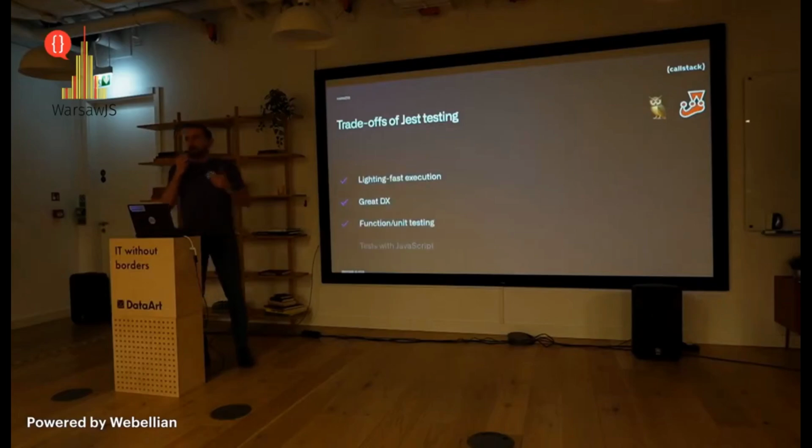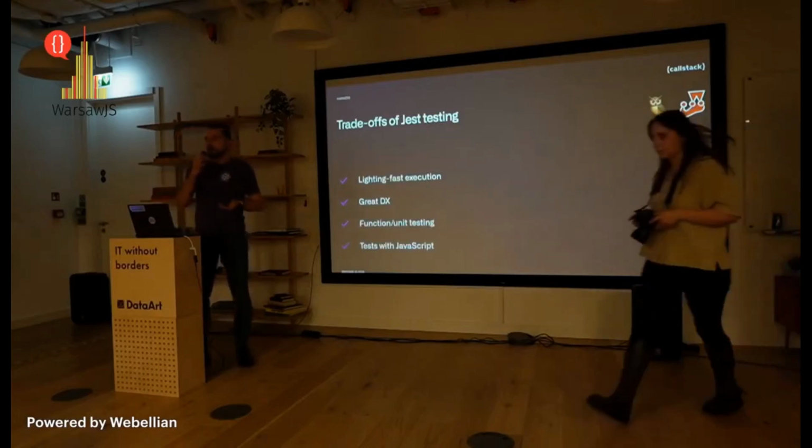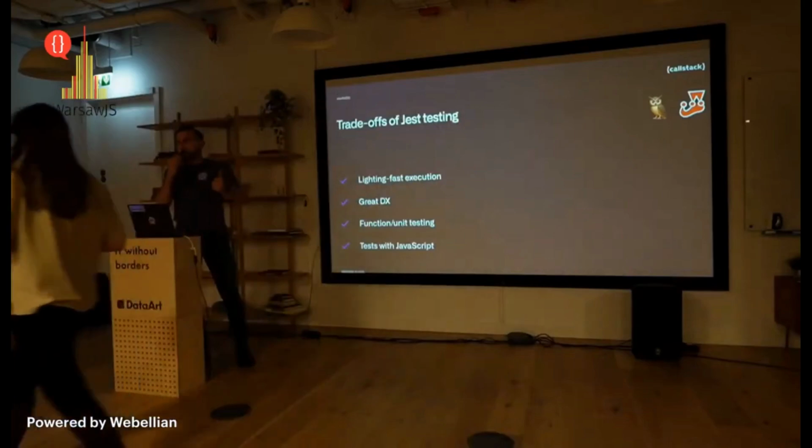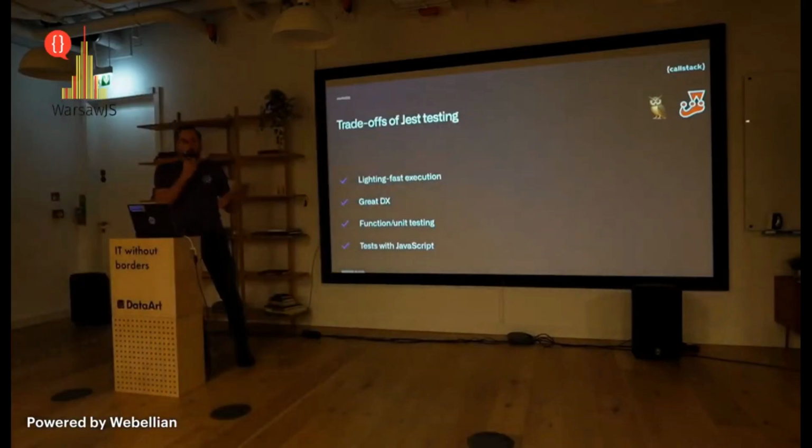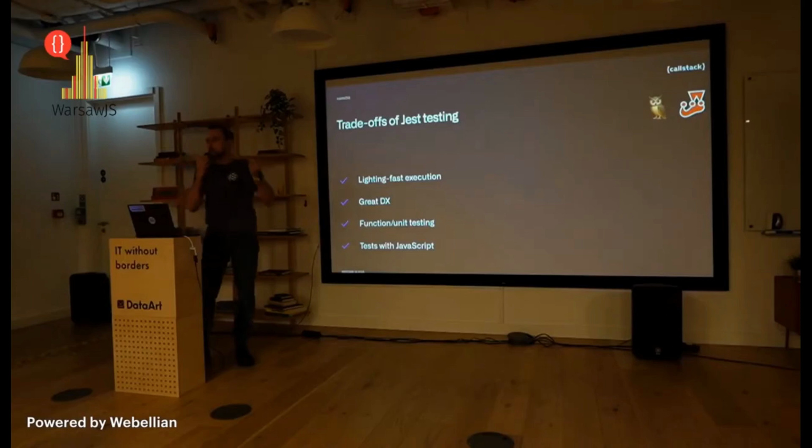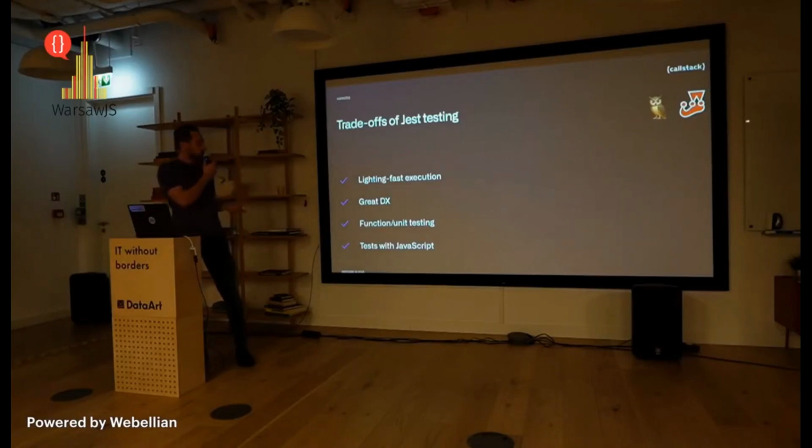But yeah, you do testing via Jest, for example. It's super fast, under milliseconds. What else? Great developer experience because you are using JavaScript to write tests. You have beforeEach, describe, afterEach, so effects are easy to handle. You can spy, you can mock. Well, you can do pretty much everything.